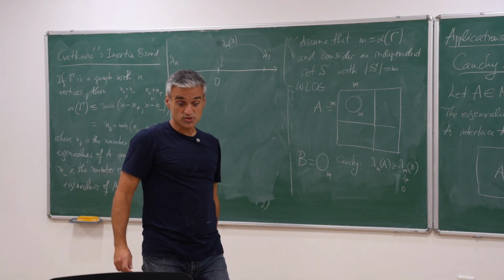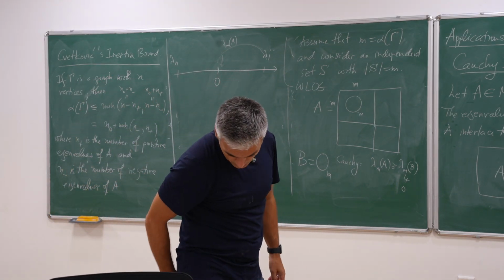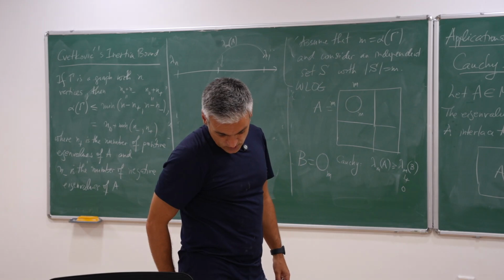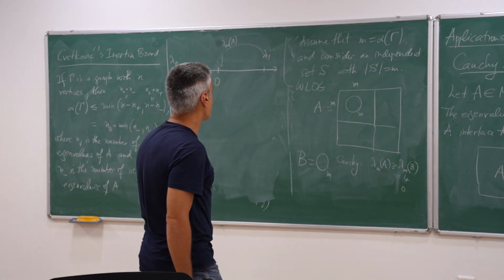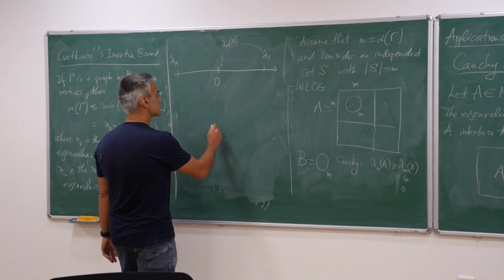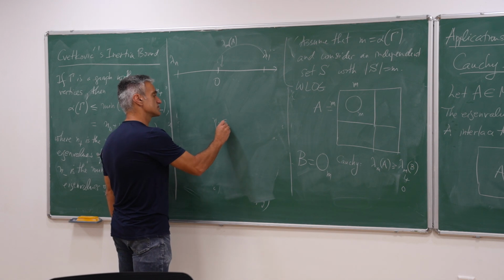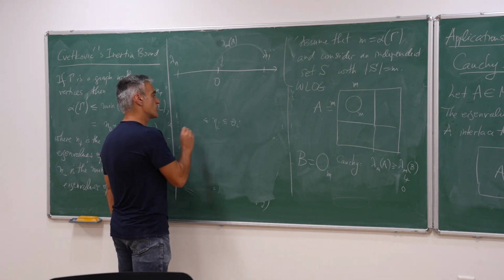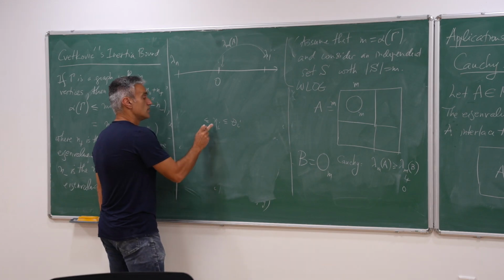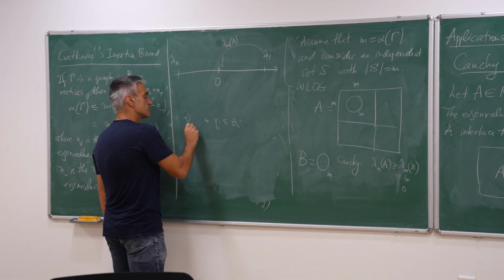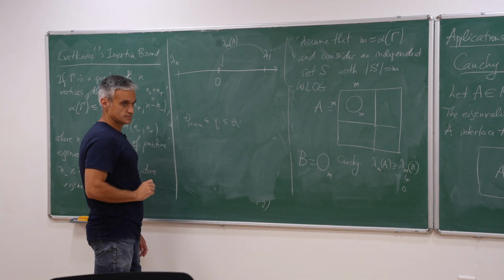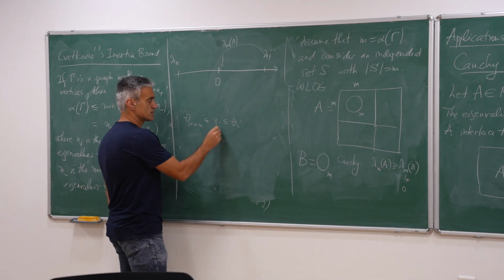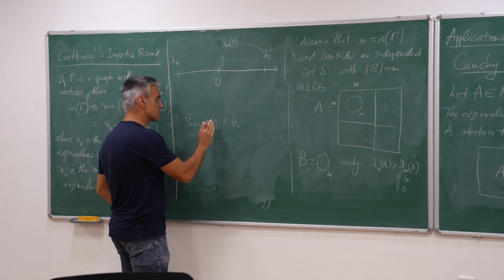Now the other thing that you will get is you look on the other side. Remember, our interlacing was something like mu_i less than or equal to theta_i. This is what we used already. But you also have something of the form mu_i equals theta_{i+n-m}.